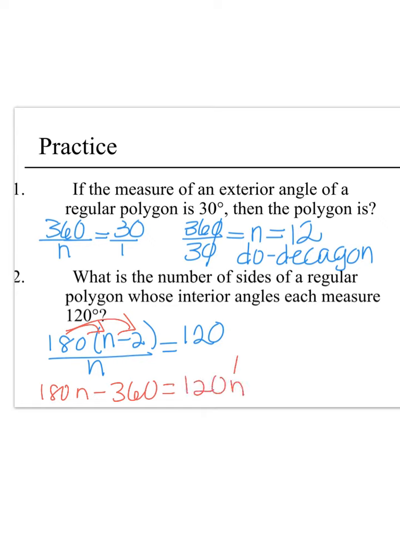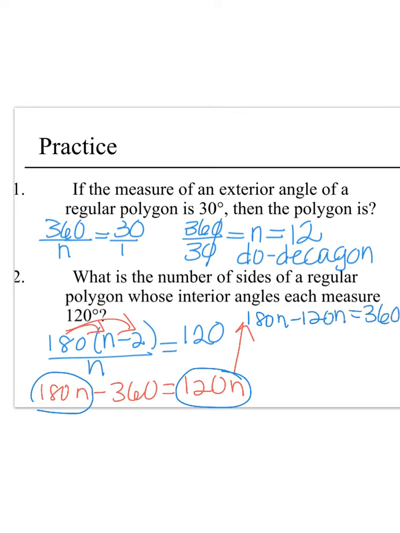So let's just go up here now. I see like terms. I need to get them together. So I'm going to subtract 120n from 180n. And add the 360 to the other side.